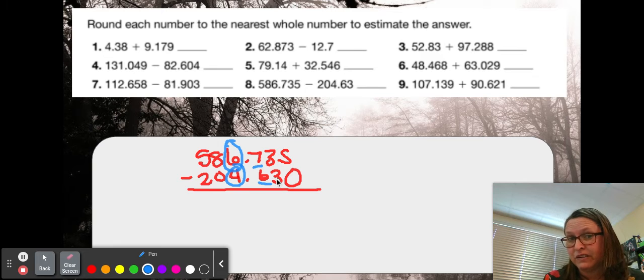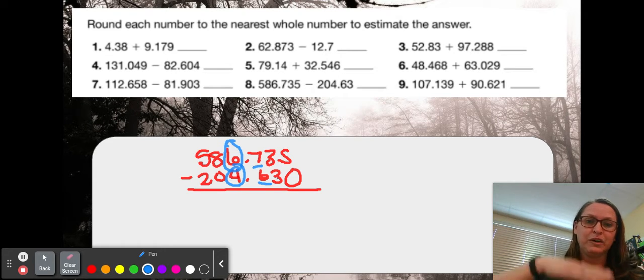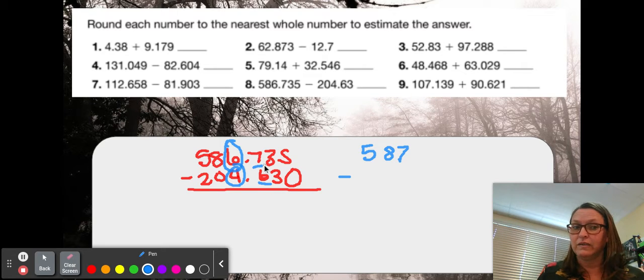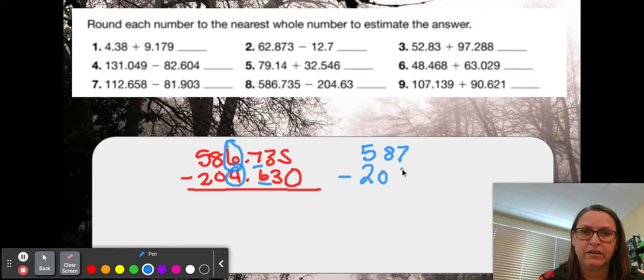I'm going to underline the numbers next to them. 7 goes in that category of 5 or more, raise the score. So my 586 will go up one digit and it becomes 587. And then 6 is also the same category, 5 or more, raise the score. So my 204 will become a 205.